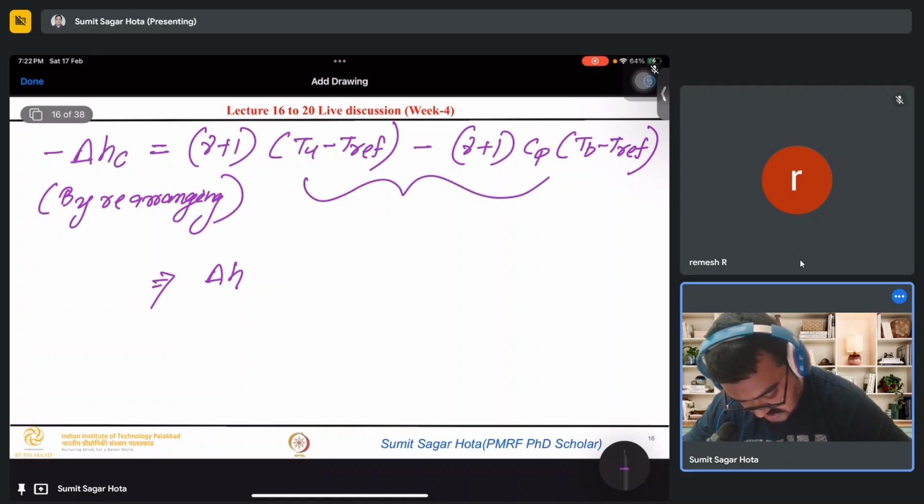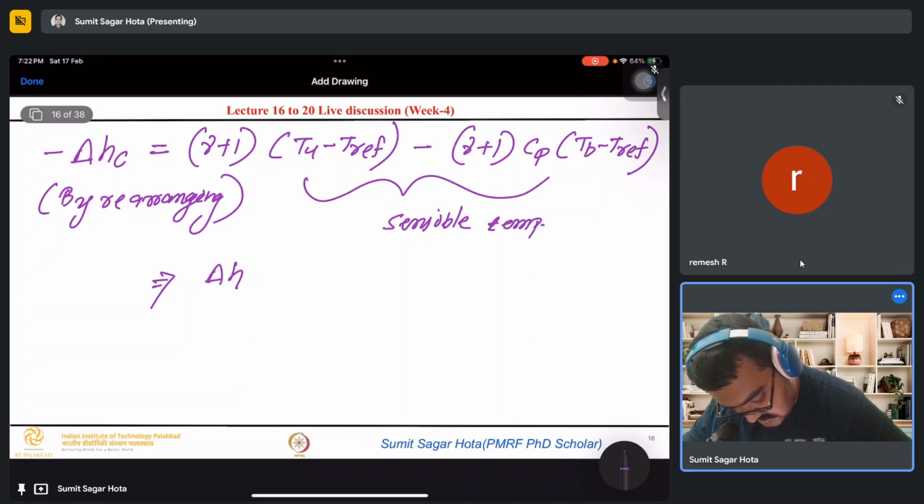This is your sensible part, the sensible enthalpy, the sensible temperature rise. Sensible temperature change you can write. So this is your enthalpy of combustion.